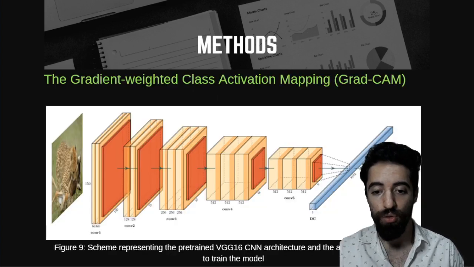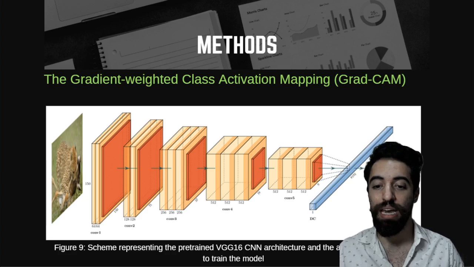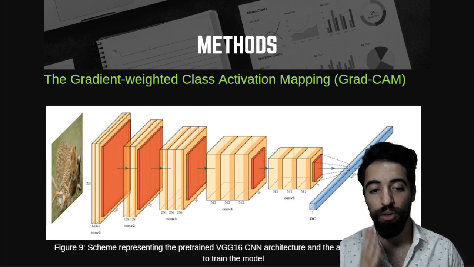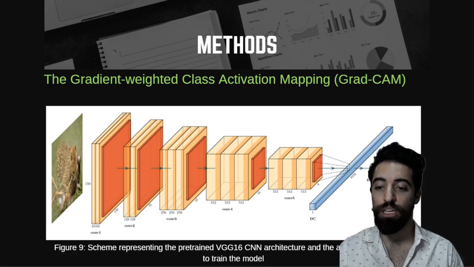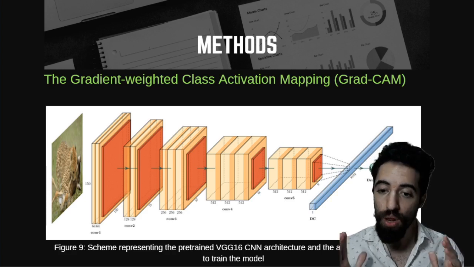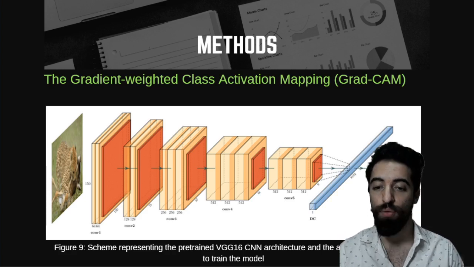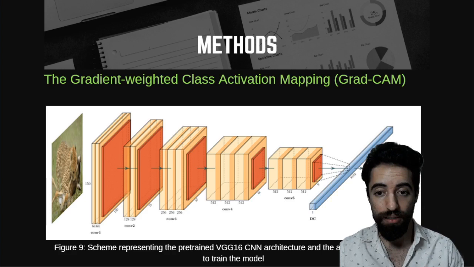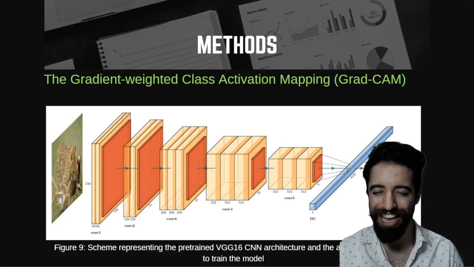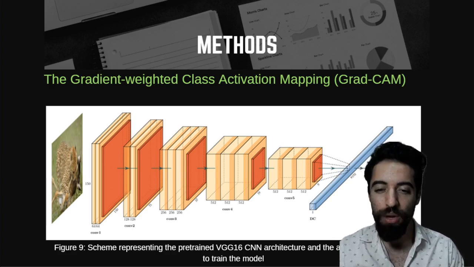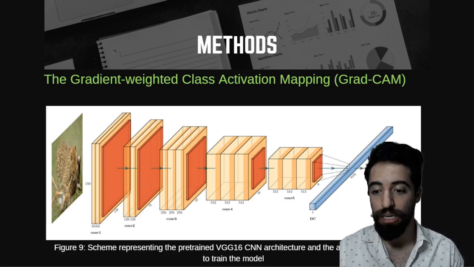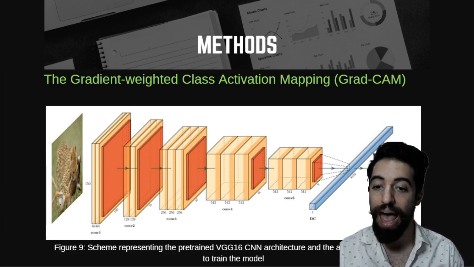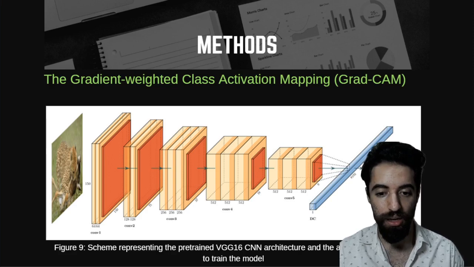And to see what the CNN is looking at, we use gradient-weighted class activation mapping. Then we look at each channel of the picture classified as predation, see which activations this methodology shows, and see what the CNN is looking at in the channels for this class.